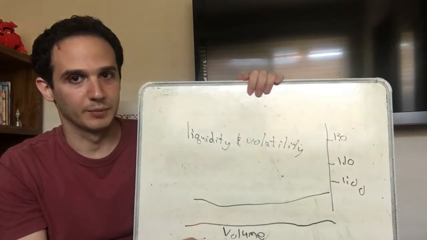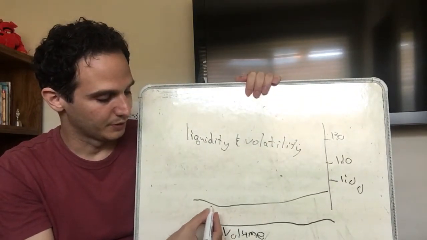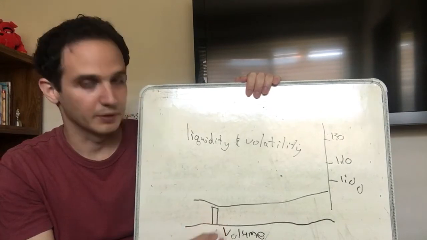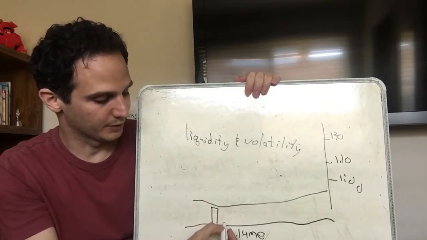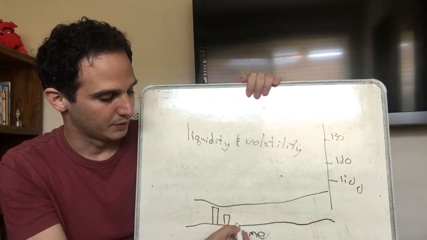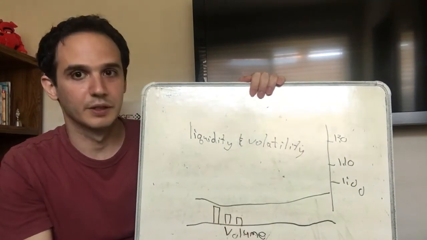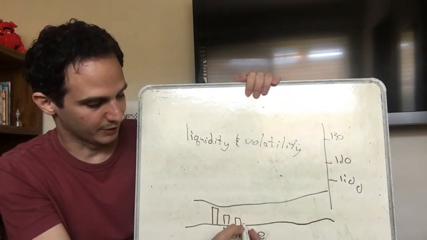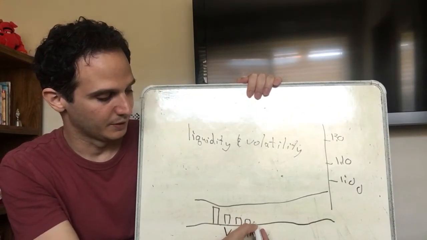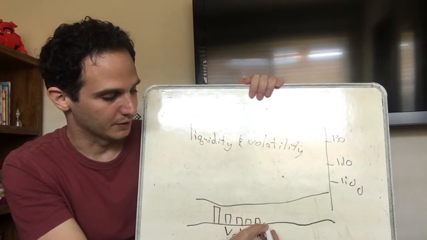And usually it'll be shown in bars. You'll see how much volume, and during different times the amount of volume may decrease and increase.